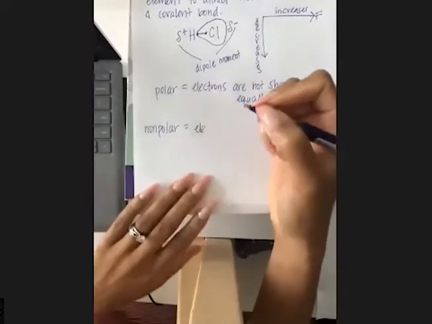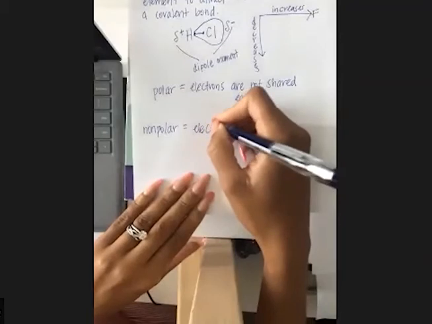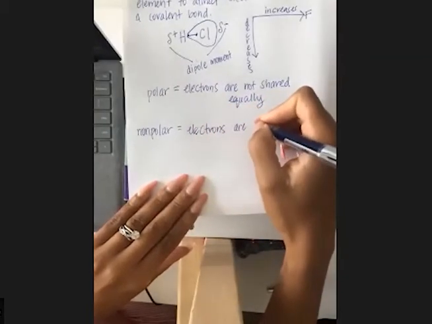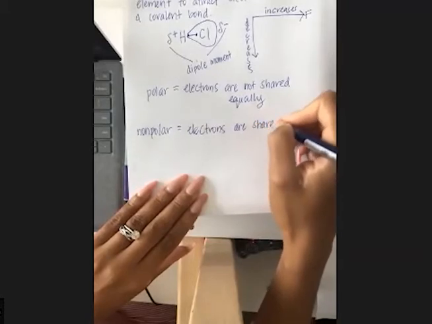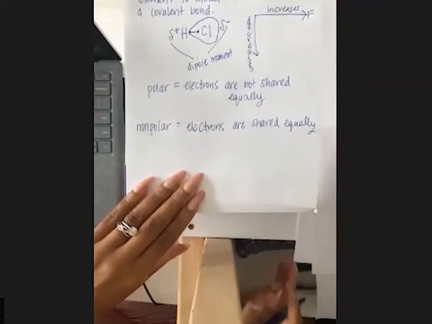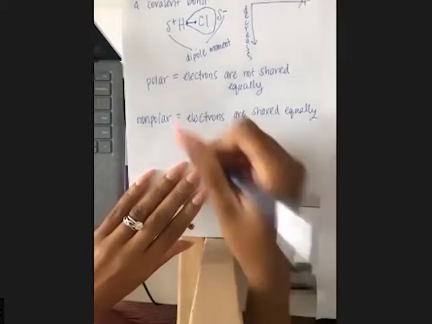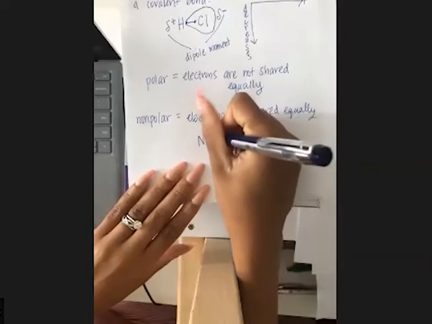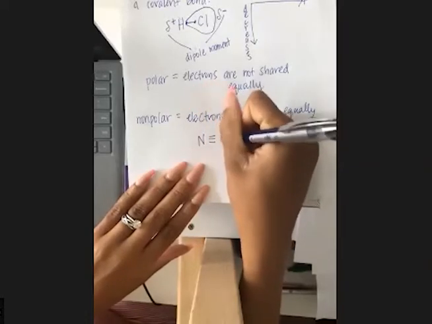We can say it's non-polar if the electrons are shared equally. An example of electrons being shared equally would be, for instance, nitrogen gas. Remember, we drew the structure that looks like this.